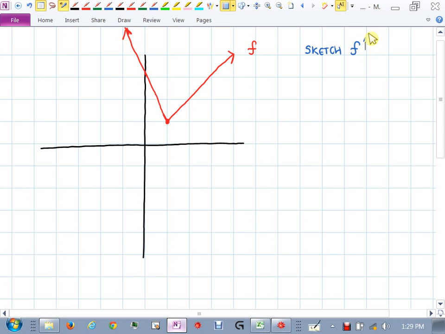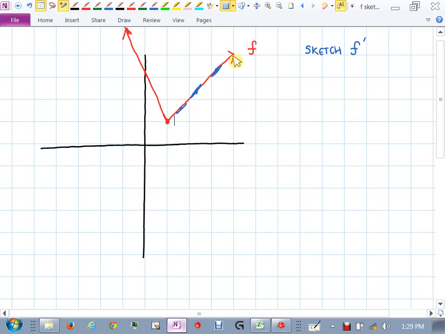as a graph. What can you tell me about this? See this part of the line right here? Can you tell by my drawing what the slope of that is? If I pick a point here and ask you what's the slope of the tangent line, it would just be the slope of that line, wouldn't it? Pick any point on this line, the slope of the tangent is just the slope of the line. You can tell the slope is 1 because its rise is 1, run is 1.